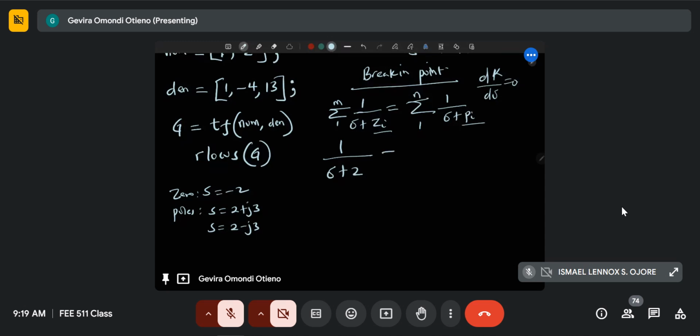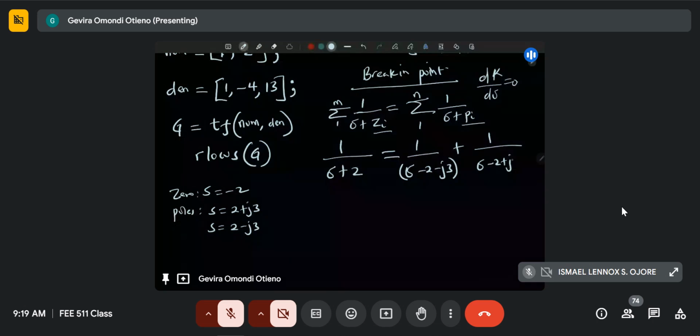Now let's sum up the poles. Again, it's going to be 1 over sigma. Let's look at the first pole. You get the negative of this value, so it's simply going to be sigma -2 minus j3, plus 1 over the negative of the second pole, which is going to be sigma -2 plus j3.